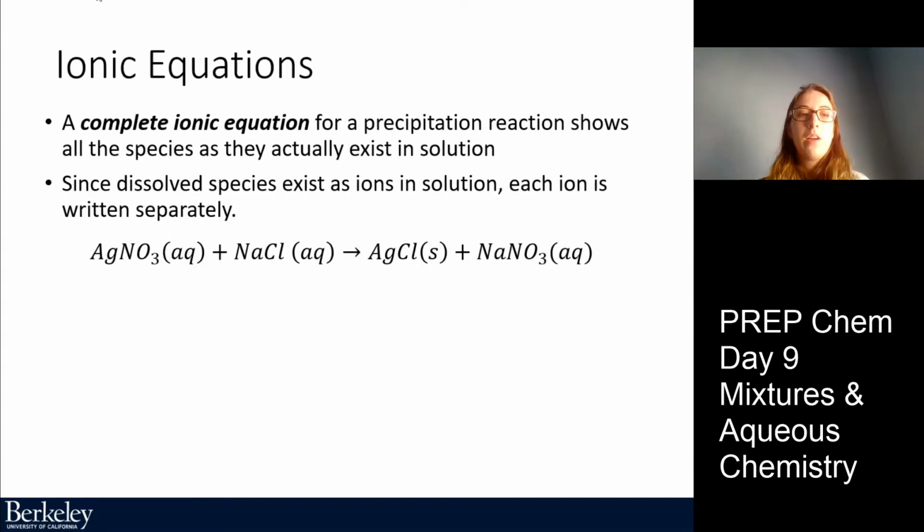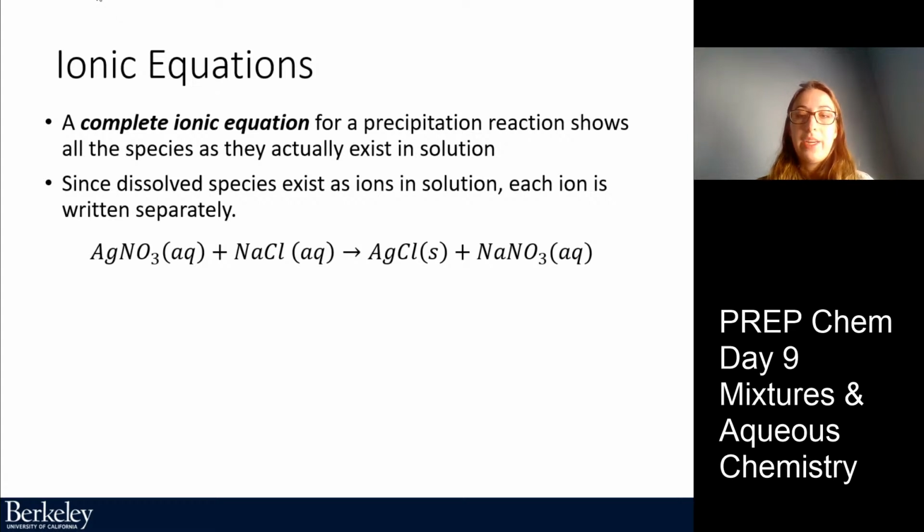We can also write out a complete ionic equation for a precipitation reaction. The complete ionic equation shows all the species as they actually exist in solution. Since the dissolved aqueous species actually exist as ions in solution, we write each ion separately.